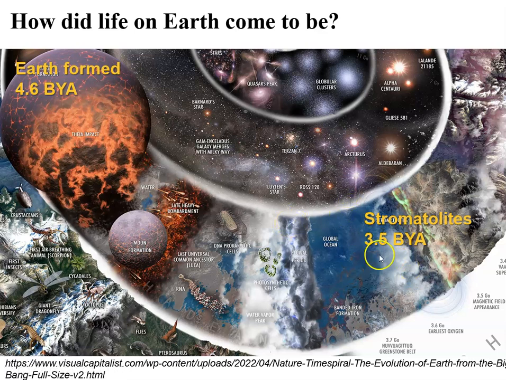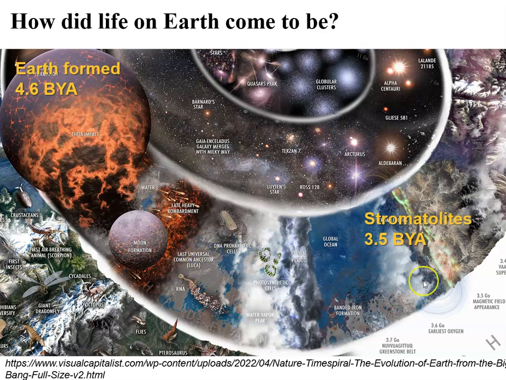So now I want to back up a little bit into this middle area here where you see some other types of cells, and we don't have the fossil evidence for these.